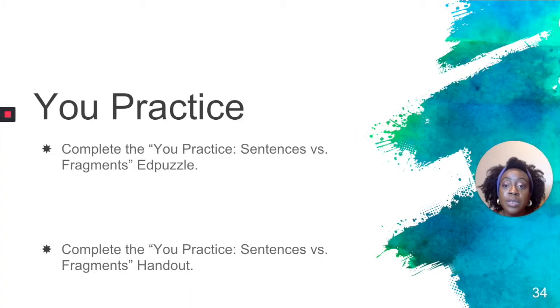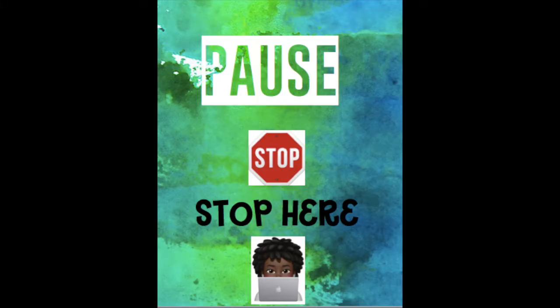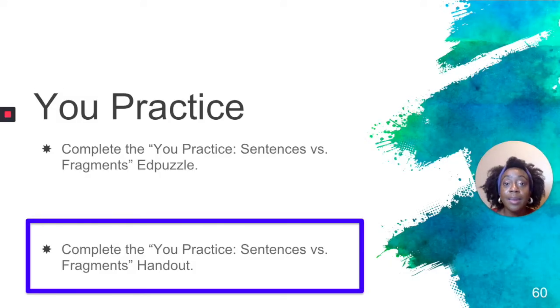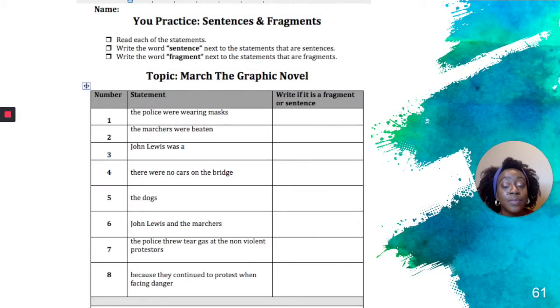In a few moments, I'm going to ask that you pause. You head over to Edpuzzle. You're going to complete the practice. Okay, now that you've completed your Edpuzzle, you're going to head over to the handout. You practice sentences versus fragments. It looks like this.